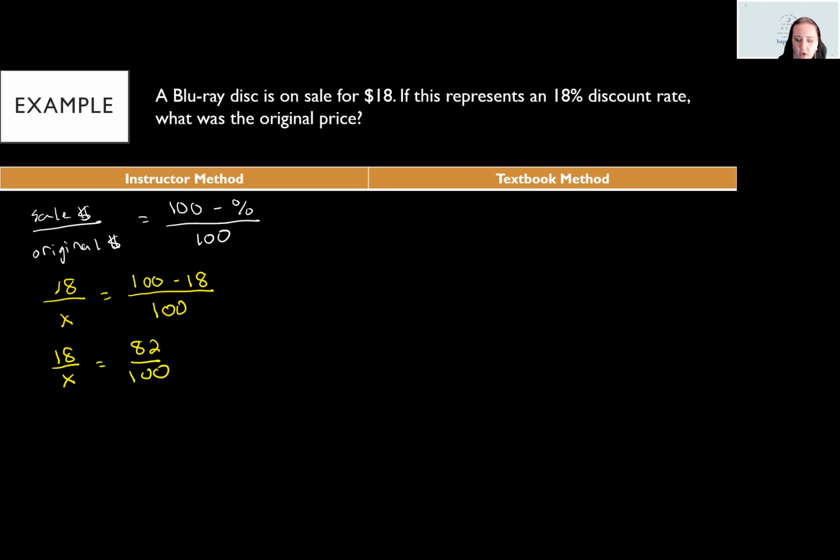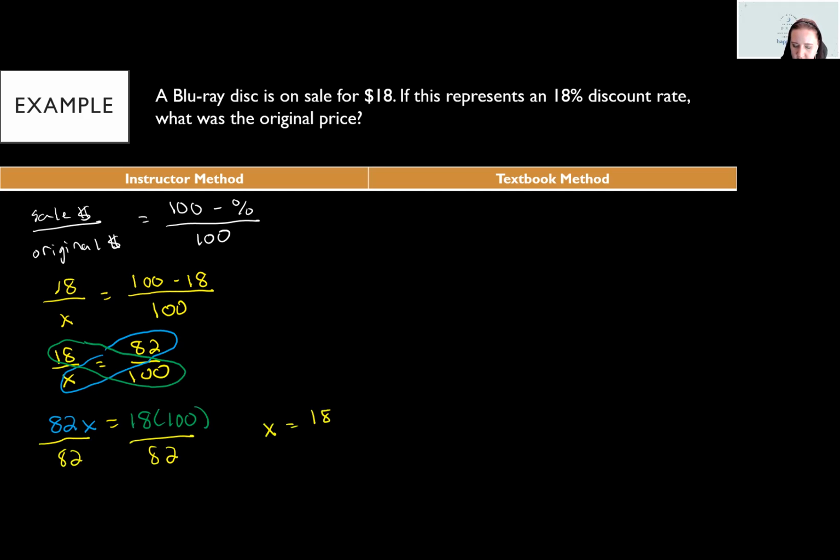And so this is where I do my cross multiplication. I'm going to multiply x times 82, and then we'll do 18 times 100. And then just because I like to do all these calculations at once to avoid rounding, I'm going to divide both sides by 82. So this gives me x is going to be 18 times 100 divided by 82.